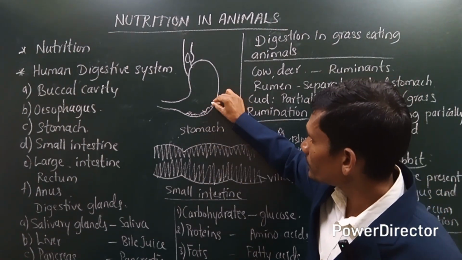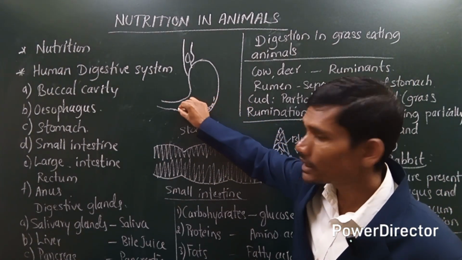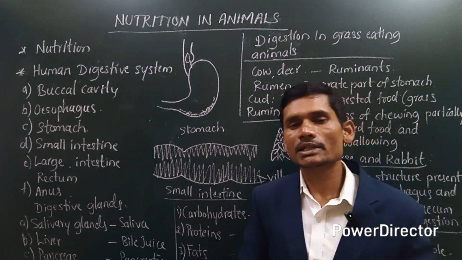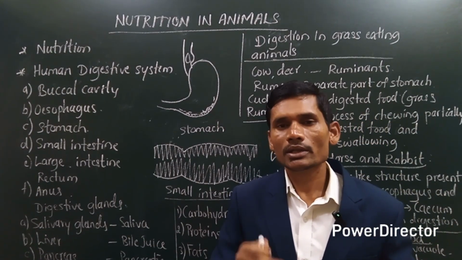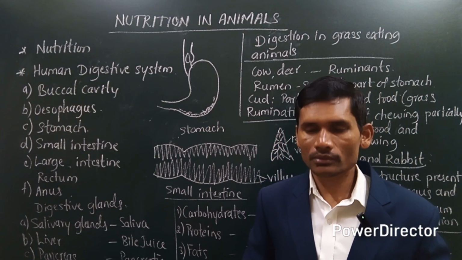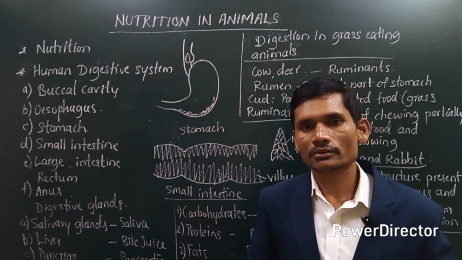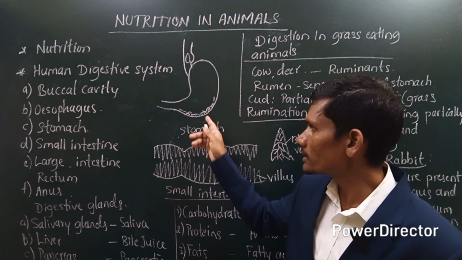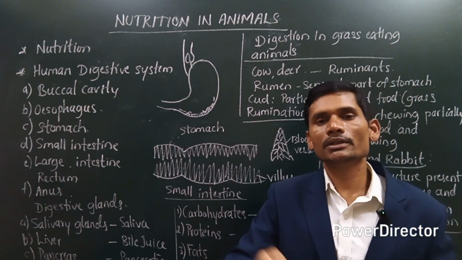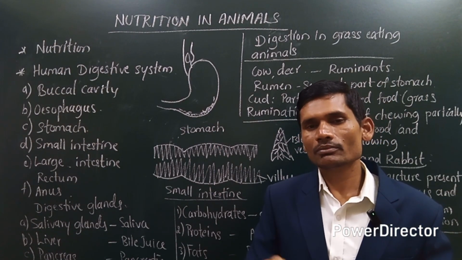The inner wall of the stomach contains gastric glands. Gastric glands secrete gastric juices, hydrochloric acid and mucus. The digestive juices help in the digestion of some proteins.